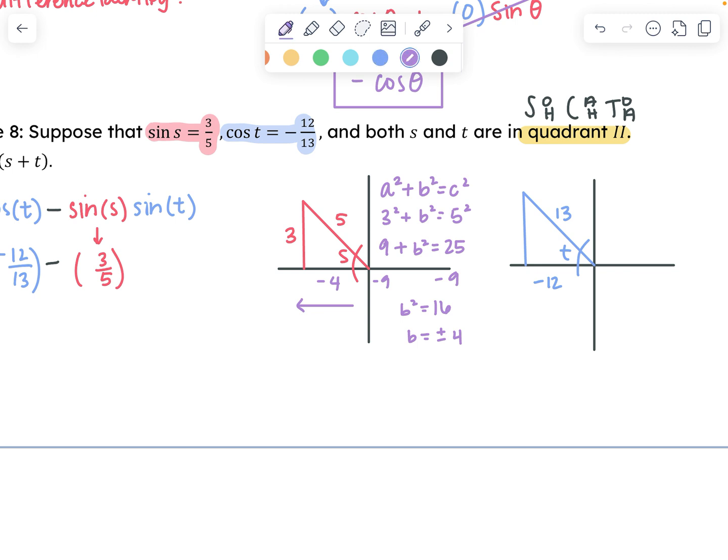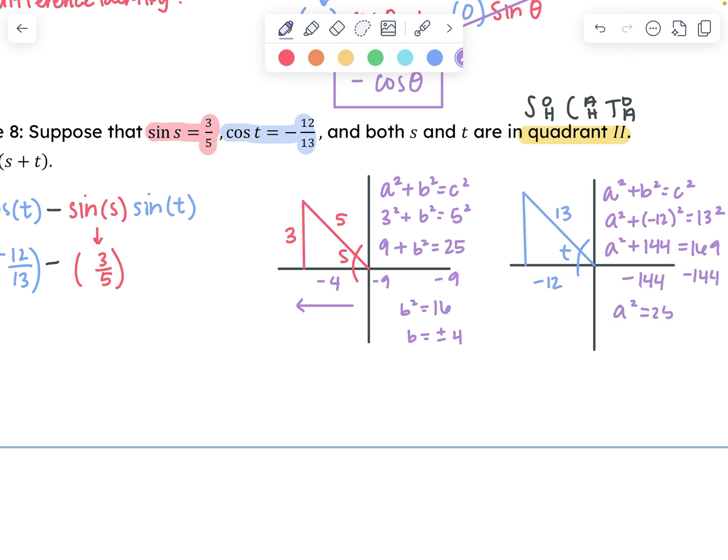And once again, I'm going to use my Pythagorean theorem to help me find my missing side. So a squared plus -12 squared is equal to, sorry, that shouldn't be c squared, that should be 13 squared, so 169. Subtract 144, and I get that a squared is equal to 25.